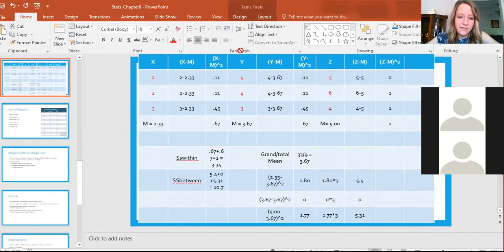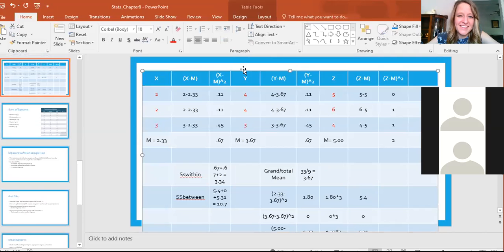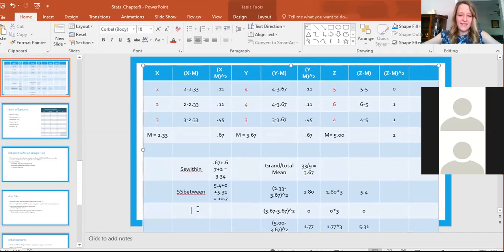If I wanted to get my mean squares, let's see, number 12 asks for mean squares between groups. So that is my sum of squares divided by basically my degrees of freedom.